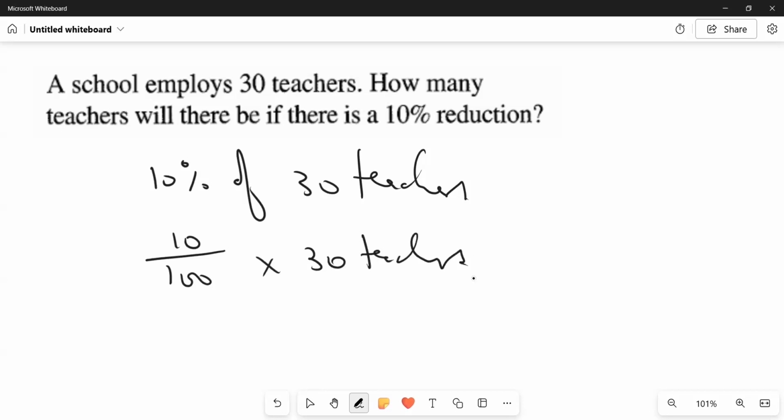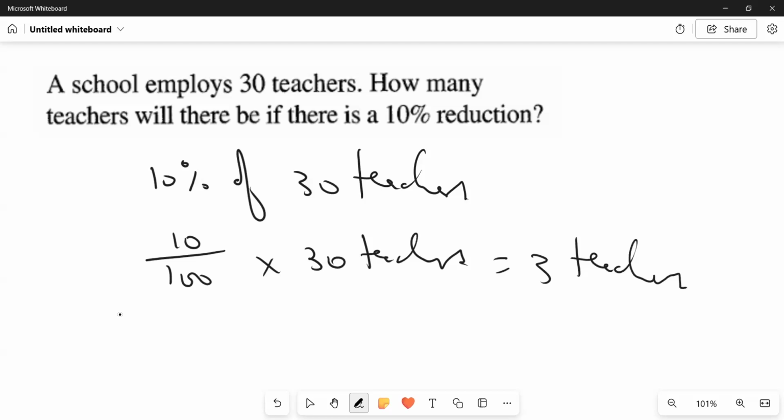You don't have to write teachers all the time. You could just calculate without the unit. You work without it, and then at the end, you put your answer in terms of teachers, right? So 10% of 30 will give us what? 3. 10% equals 3 teachers. Good.